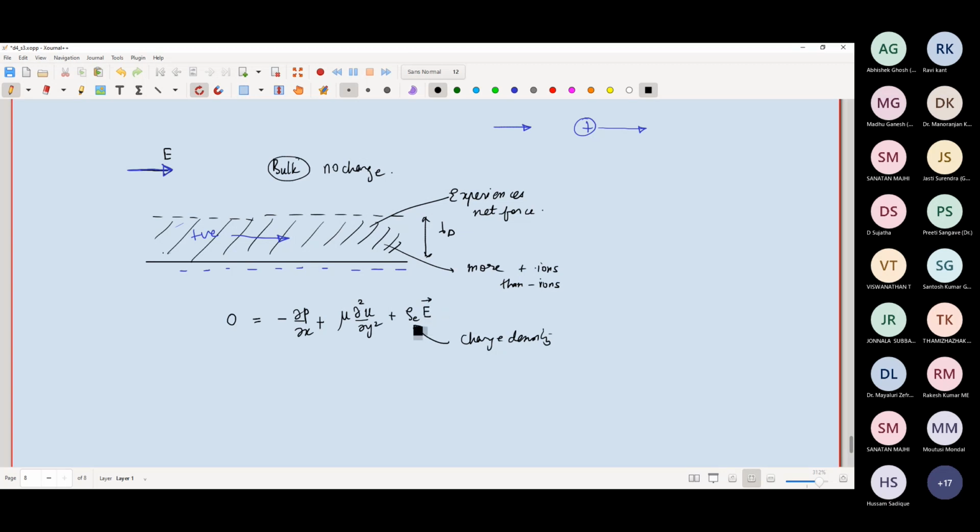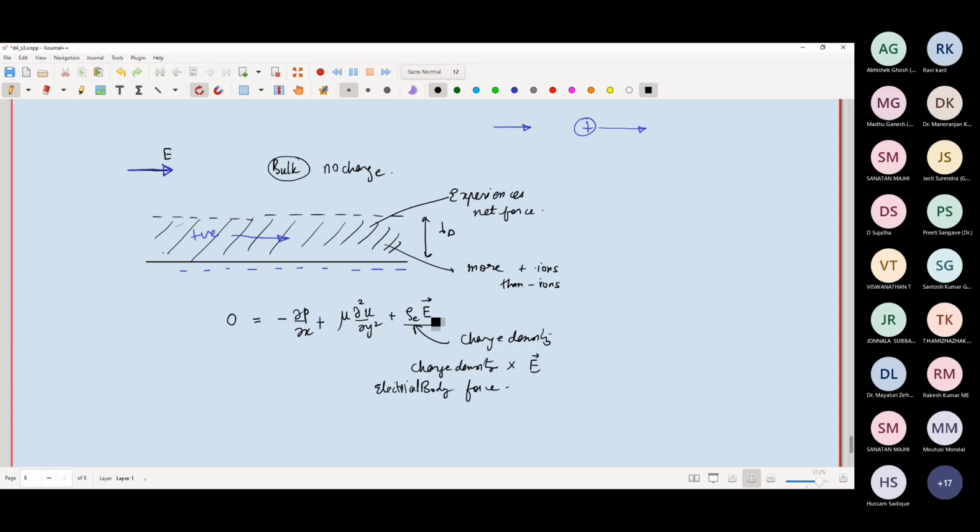And this particular expression is equal to the charge density multiplied by the electric field. So this term is like the electrical body force. And this electrical body force acts in the direction of whatever sign rho E has, and it is in the direction of the electric field.